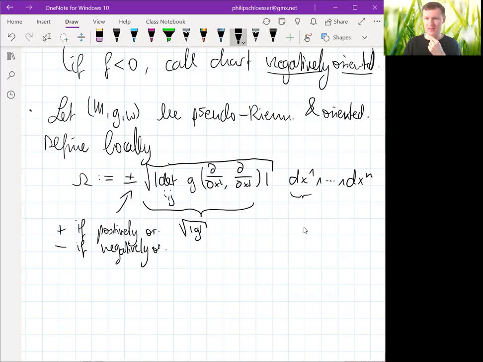So an n-times alternating product transforms like the determinant of the Jacobian.